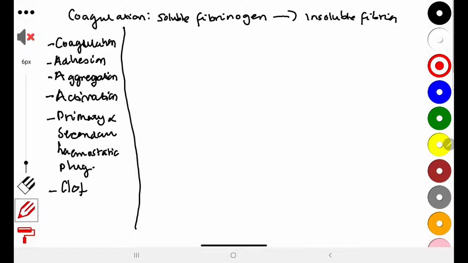So when you look at a platelet, this fragment has several receptors that include collagen receptors.